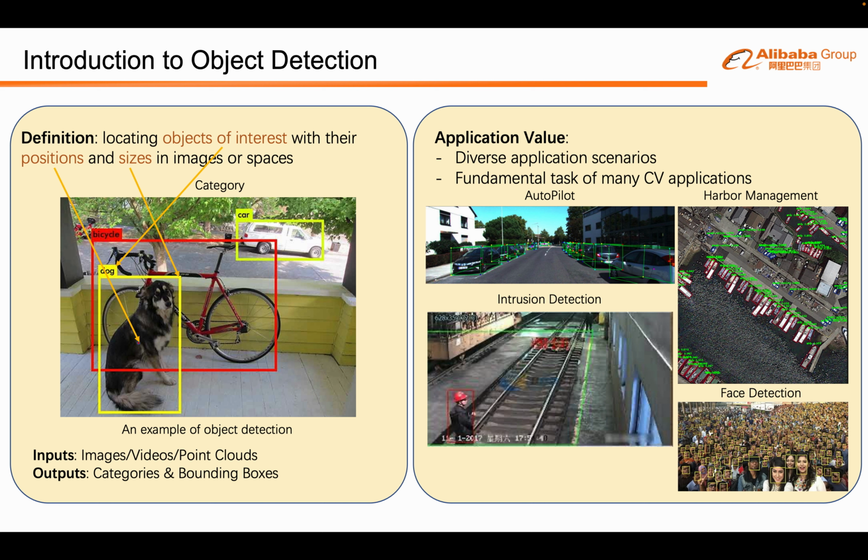For instance, both intrusion detection and popular face recognition are based on pedestrian and face detection. We can see that object detection is widely used in our daily life and is important to some CV applications. Therefore, it's a competitive research field.